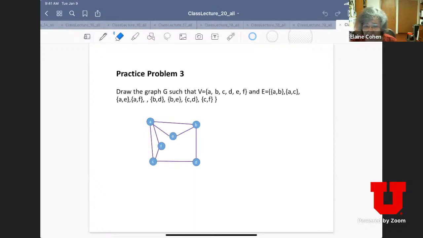You could equally well have drawn E like a cap and F like a beak, for example, and that would have been a perfectly valid example of the graph. It would have all the same connections and it would be fine. Okay, so there's not just one way to draw a graph.